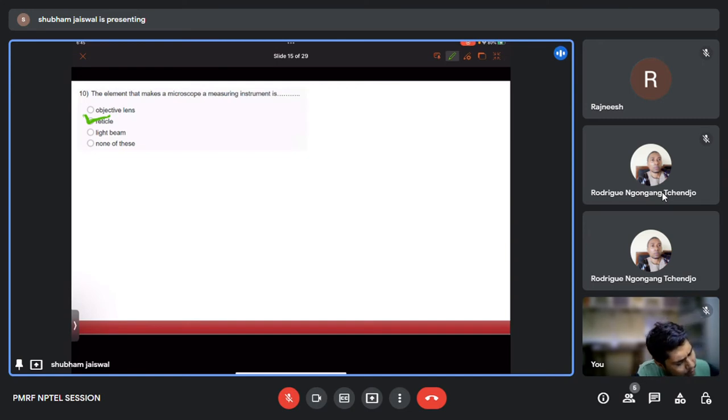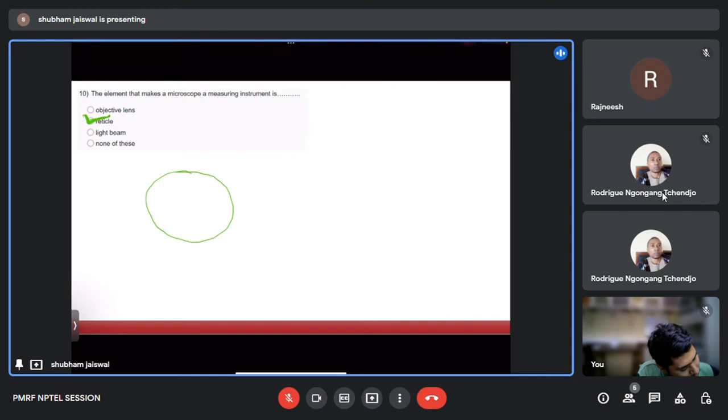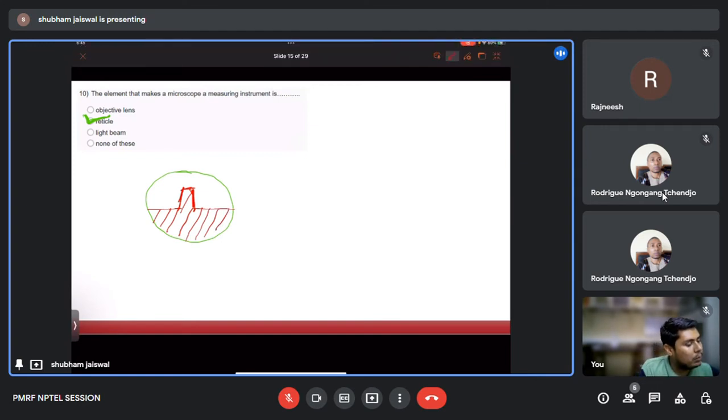Like if you have seen the microscope, if you see through the eyepiece, you will see something like this. Suppose this is our surface. So you will see some lines like this, and we will have some markings on it.